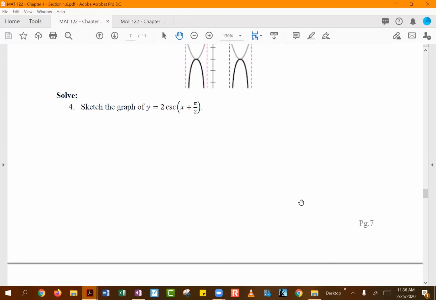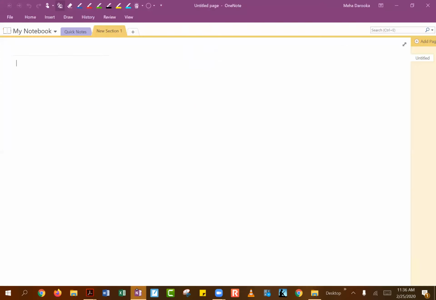Alrighty, so we have y equals 2 times cosecant of x plus pi halves.